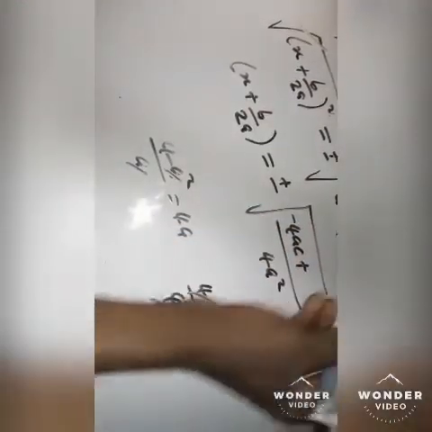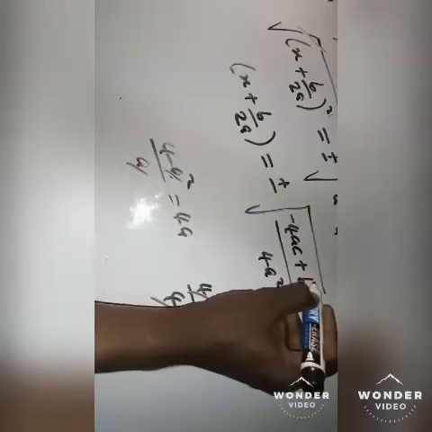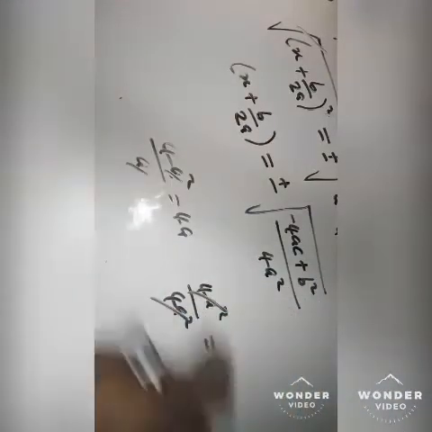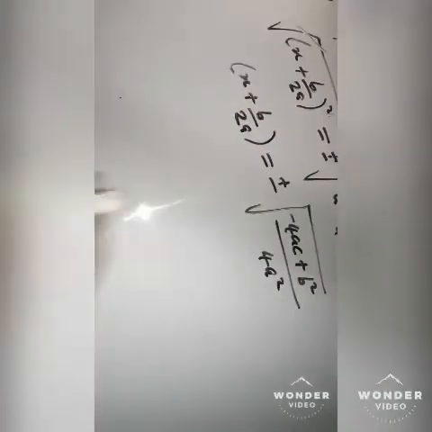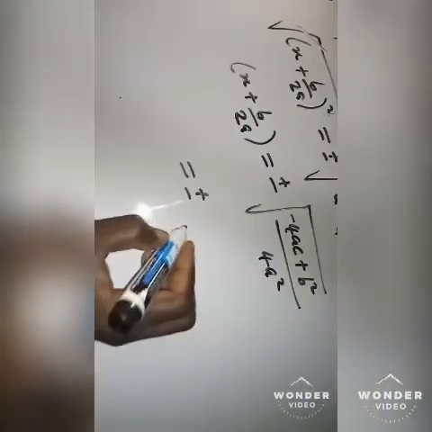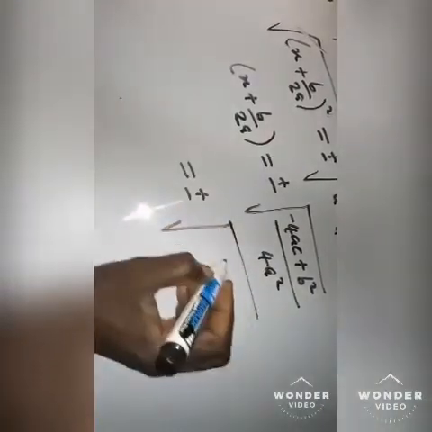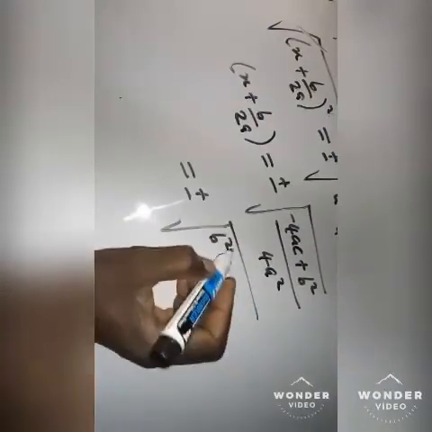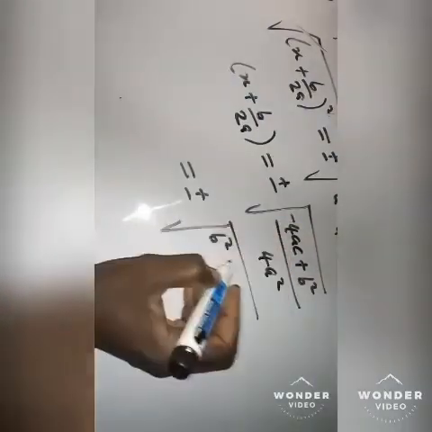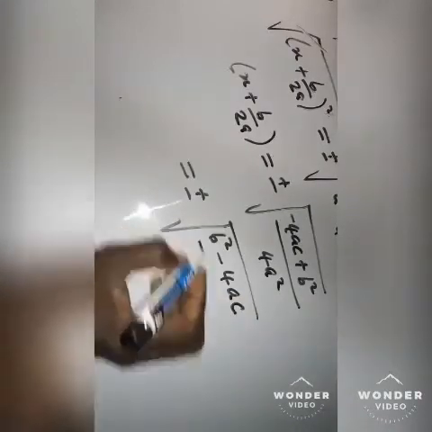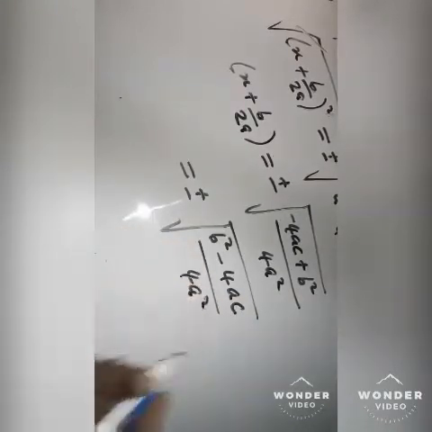Then 1 multiplied by b squared, you get b squared. Okay, so adjusting this, since this is negative, you can write it this way: b squared minus 4ac all over 4a squared.